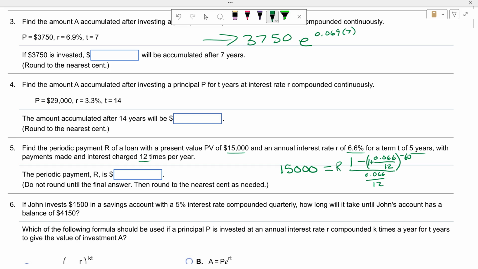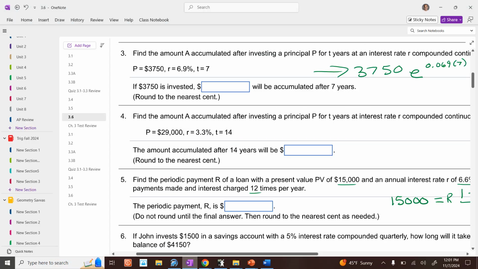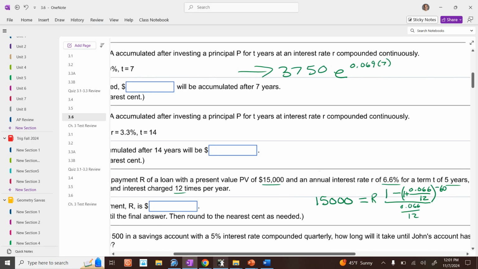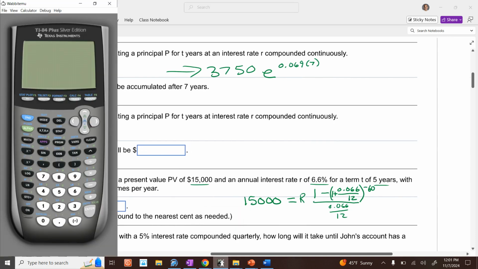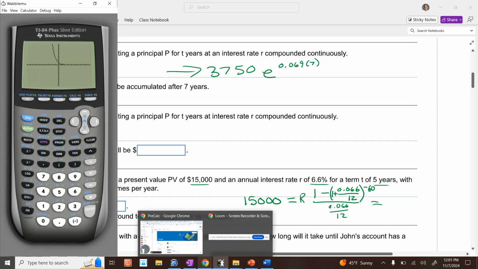Okay, so let me see. Boom. I'm going to try this on my calculator. So I'm going to figure out the top of this. Second, quit. Clear. So I'll go 1 minus parentheses 1 plus parentheses 0.066 divided by 12.